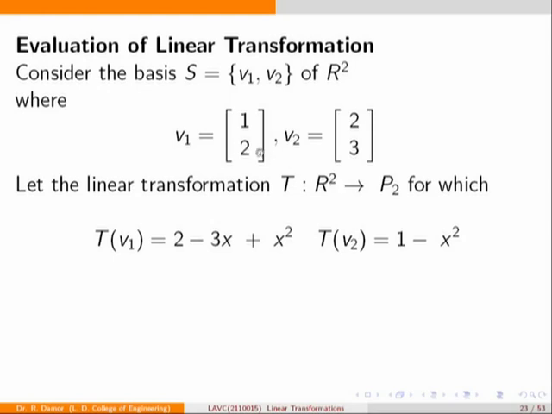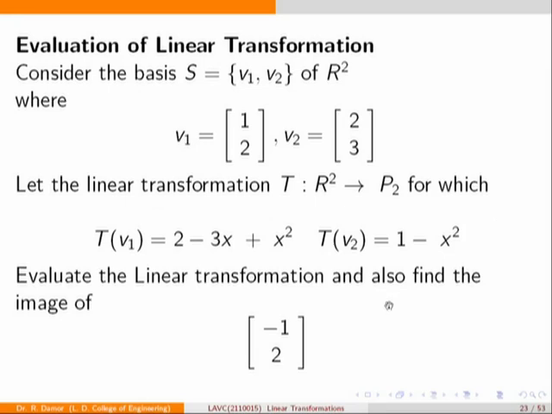So you can express any element of R2 as a linear combination of V1 and V2. Clear? So you have to find the linear transformation, and also find the image of this (-1, 2). Okay, so let's try.